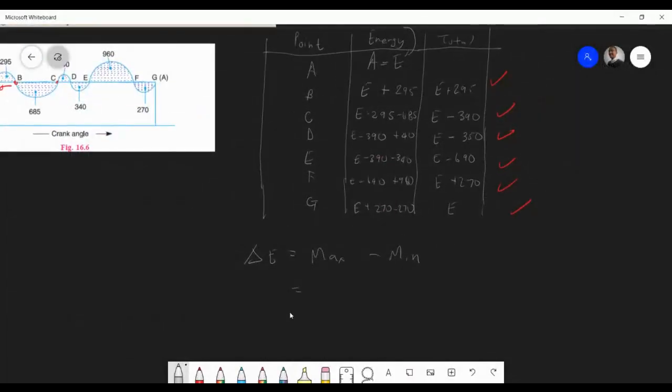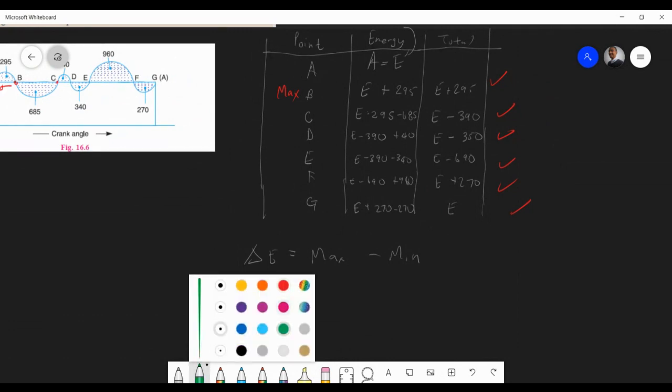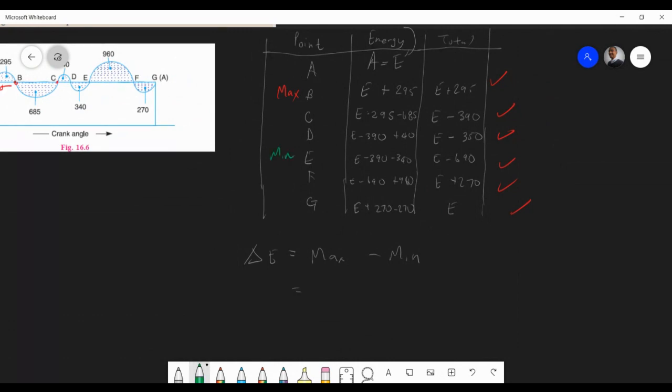Can we all see that? Make sure you can see that. What we have to do is simply say E plus 295, simple guys, minus E minus 690.